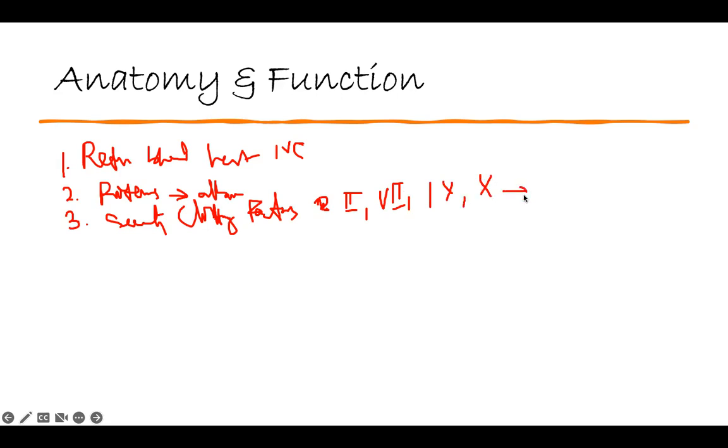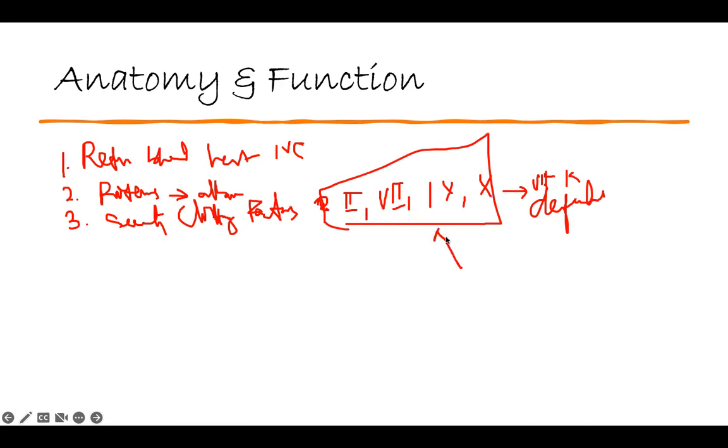These are what we call vitamin K factors. So when you take Coumadin, this is what it affects. Coumadin affects these vitamin K dependent factors. So the liver secretes these clotting factors.